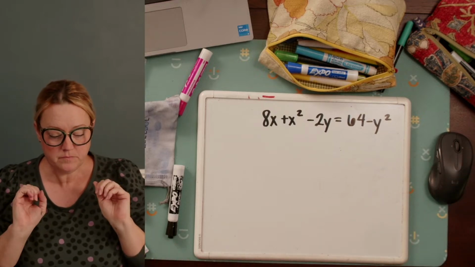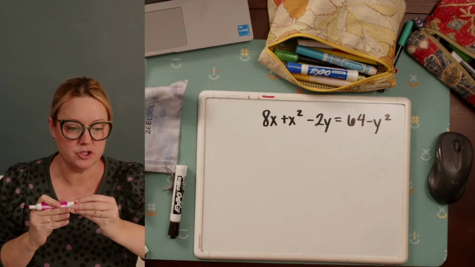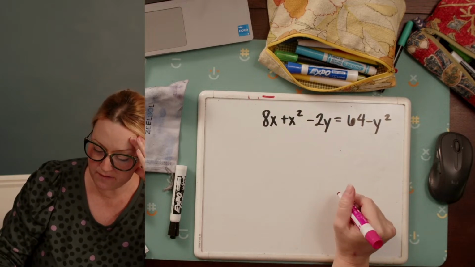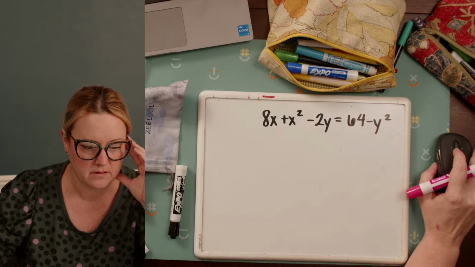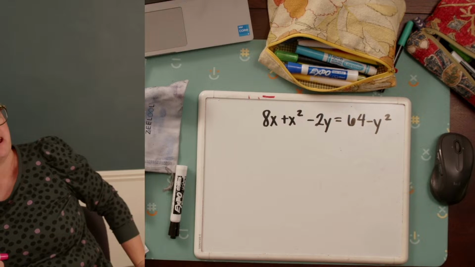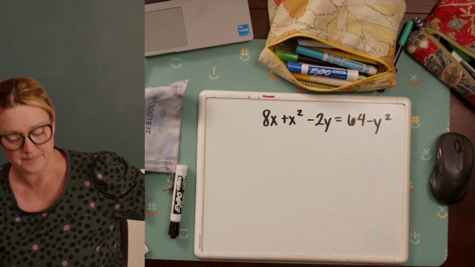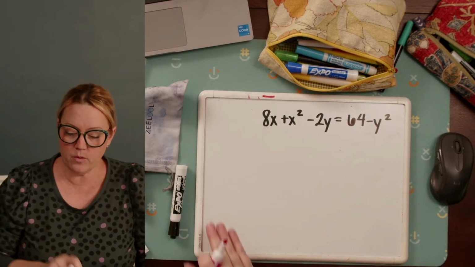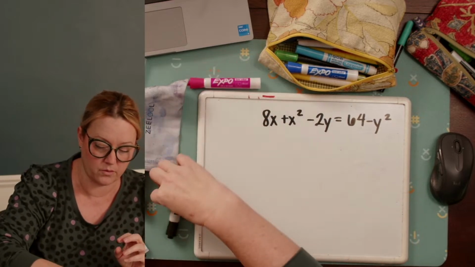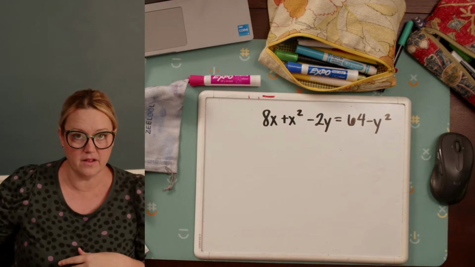So if we think about how we want to get it back to standard form, it's going to go back to completing the square, which actually is very closely related to factoring polynomials, ladies and gentlemen. But what you want to do is get all of the x's and y's on one side, and get the numbers all on the other.